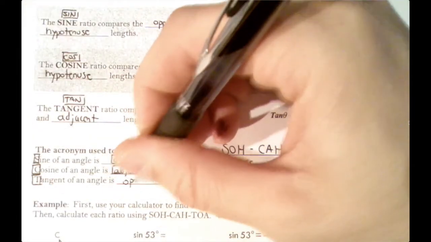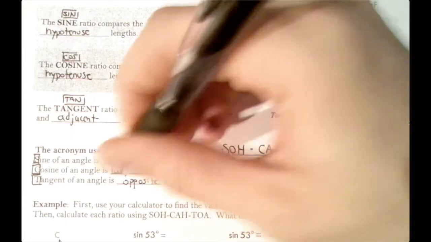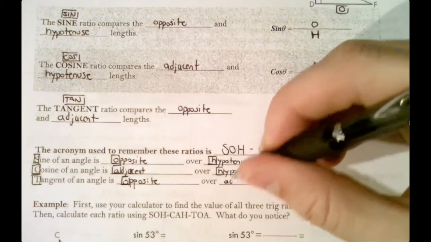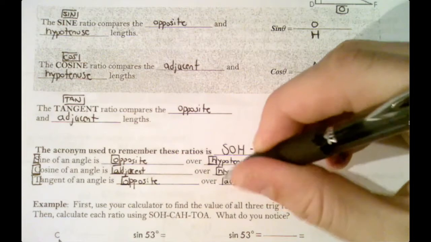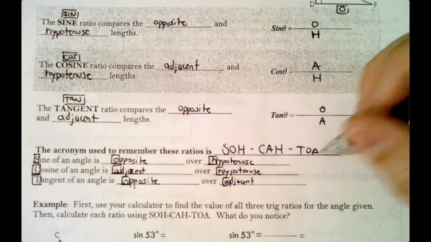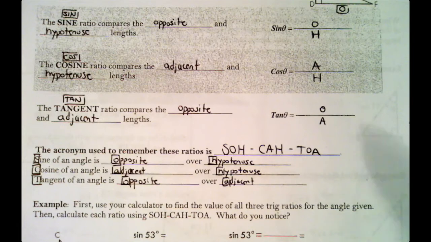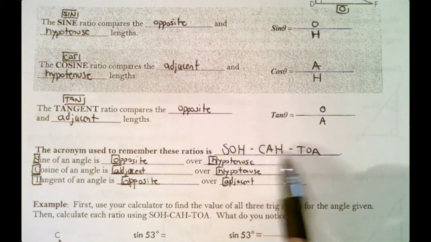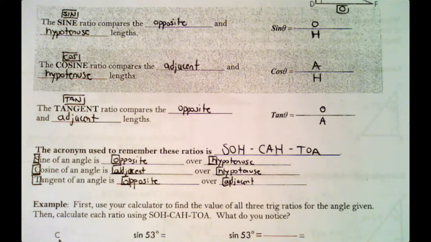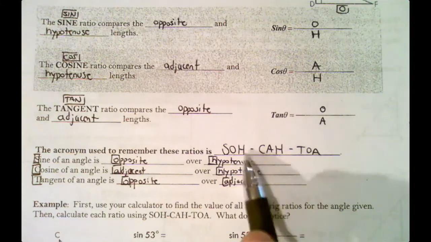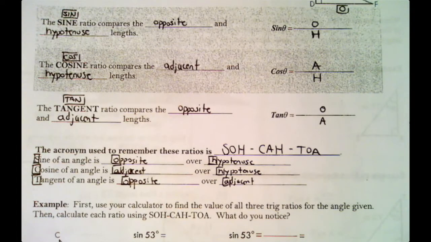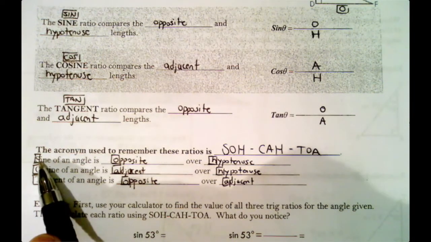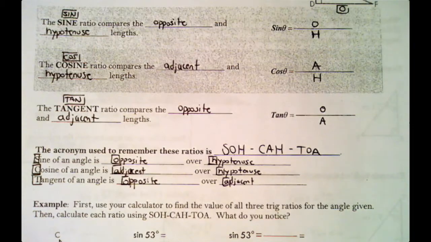And finally, T for tangent is opposite O over adjacent A. T-O-A. Put that together and what you get is SOHCAHTOA. And what SOHCAHTOA allows you to do is solve for sides and angles in right angle triangles. And it's a way to remember that sine of an angle is equal to opposite over hypotenuse. And to prove it, I have a triangle.